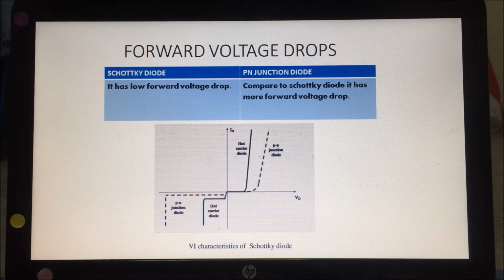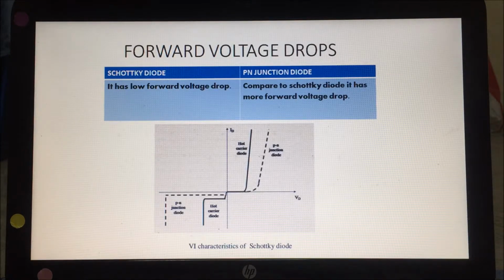The Schottky barrier diode has electrons as majority carriers on both sides of the junction, so it is a unipolar device. Thus, there is no depletion layer formed near the junction. It gives very little voltage drop across the junction.